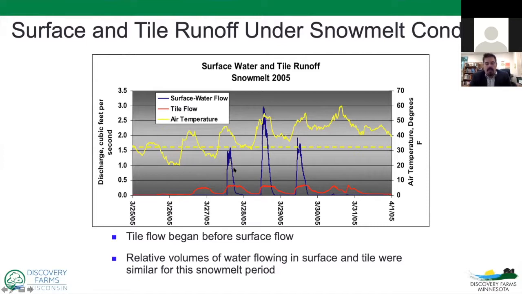Of the 5 tile flow events, only 3 of them had concurrent surface flow events. What's also interesting is that the tile flow happens first. If tiles are flowing, that means a lot of water has built up, and it's not until after tiles start to flow that surface runoff actually starts to occur.